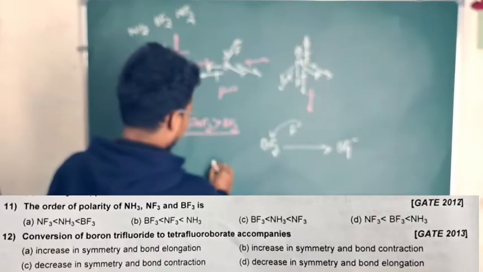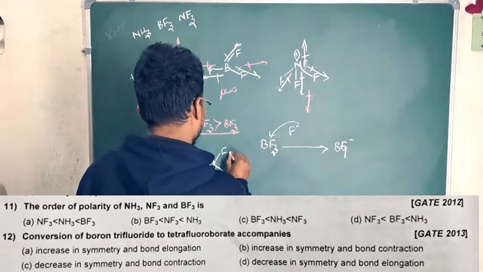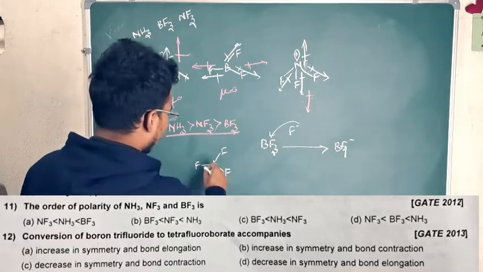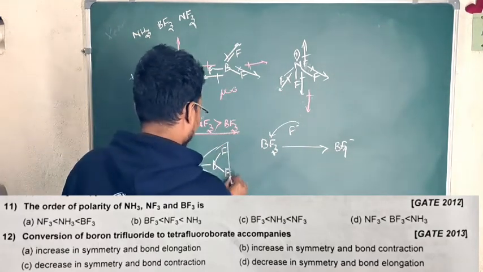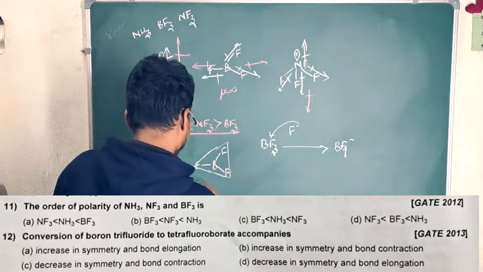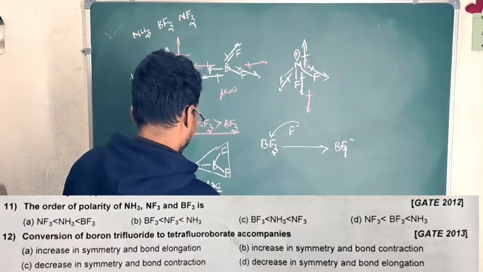So they are asking about the symmetry. A plane is present, 3 C2s are present, 1 C3 is present that is perpendicular, so D will come.